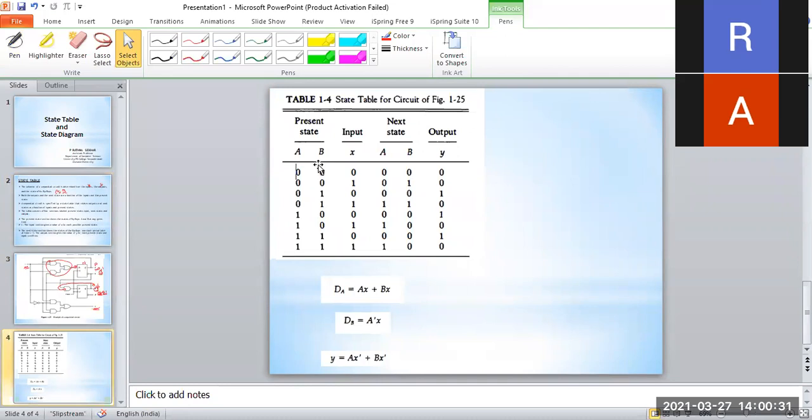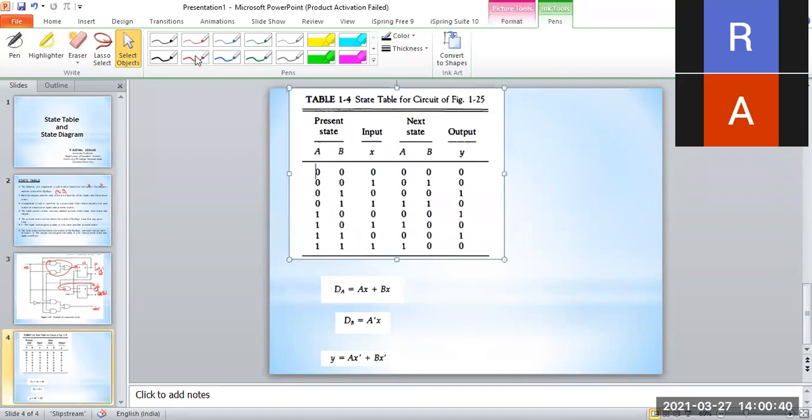Now we have columns here: the present state of A and B, the next state of A and B, the input, and the output. How did we draw this table?